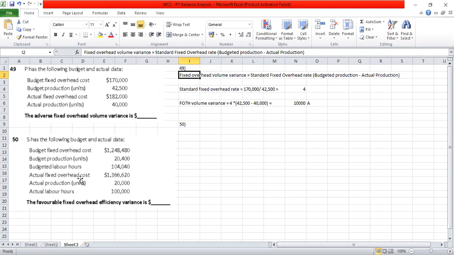One important point we have to remember here is they have planned to produce 20,400. So according to 20,400, their labor hours were planned to be 104,040.